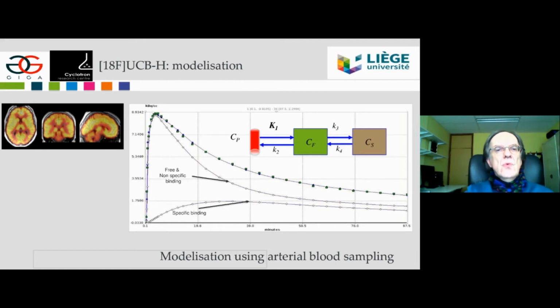Then you enter what will be an activity in the plasma, and that's what will happen. Your radio tracer is coming in the artery. In the brain arteries, there is then a passage, crossing the blood-brain barrier to a free compartment. And from that free compartment, where you might have non-specific binding, you go into your specific compartment.